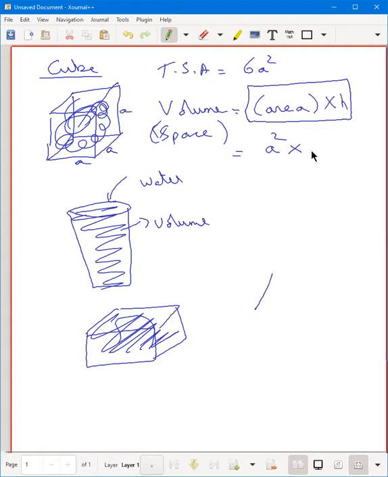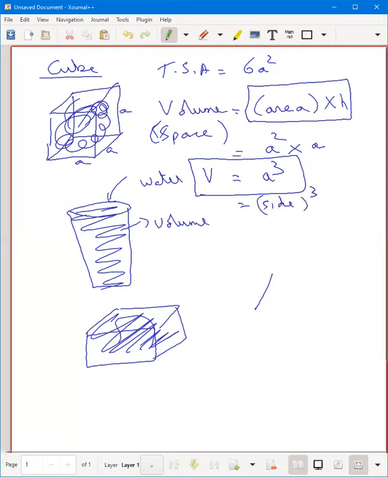In a cube, the height, the breadth, and the length are the same. It's the side itself, A. So what is a square into A? It's A cubed. So what is the volume of a cube? A cubed, the side cubed.